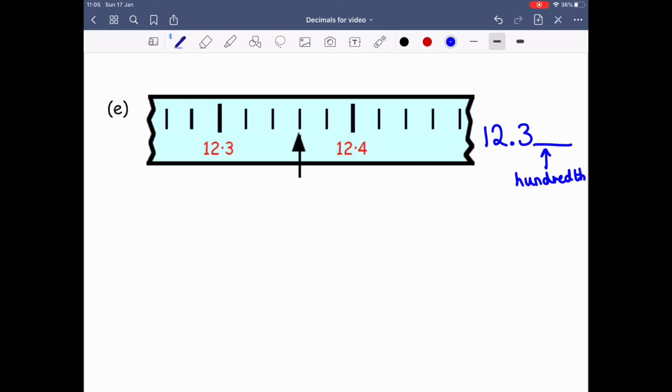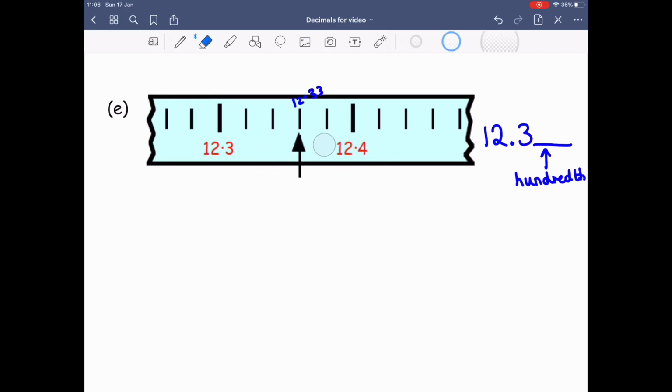Normally we'd go up by 0.1, wouldn't we? So let's say this was 12.3, and imagine that was 12.31, this would be 12.32, 12.33, and this would be 12.34. But then that would mean that this one would have to be 12.35. This one doesn't work because it's not 12.35, it's 12.4.